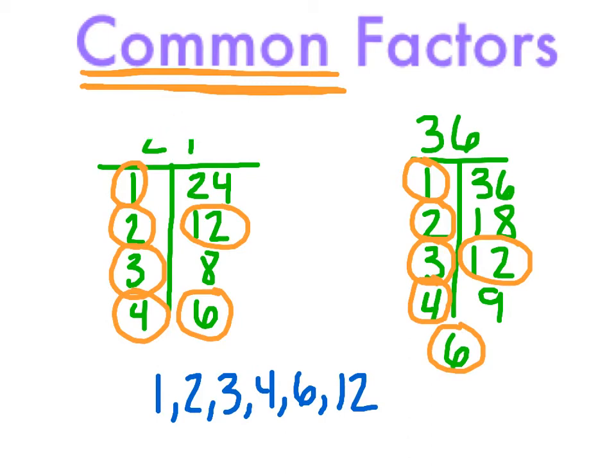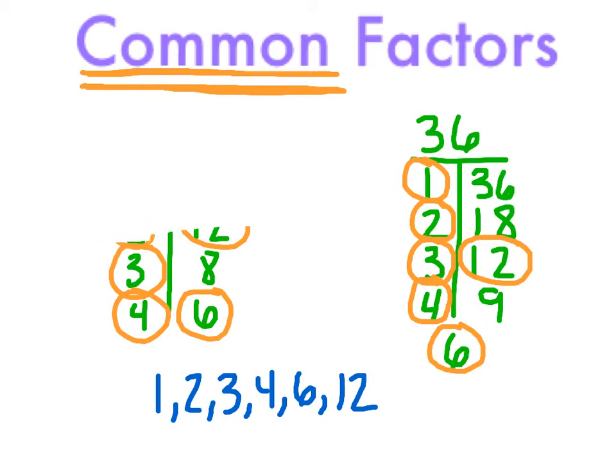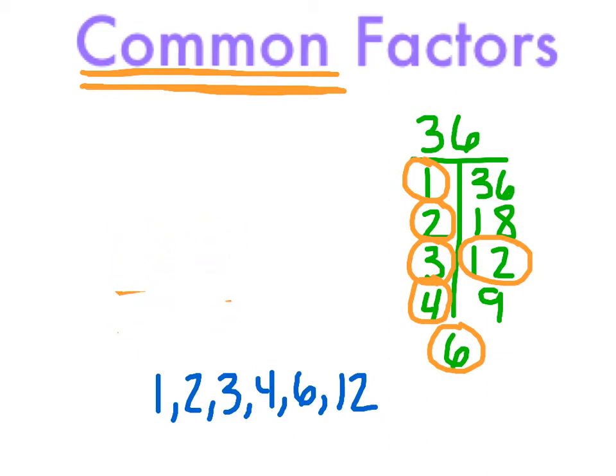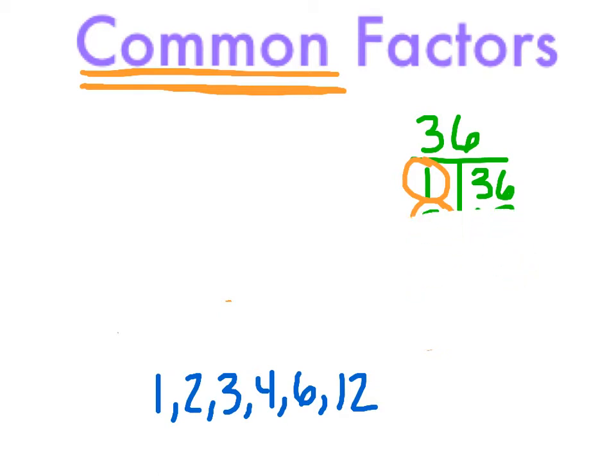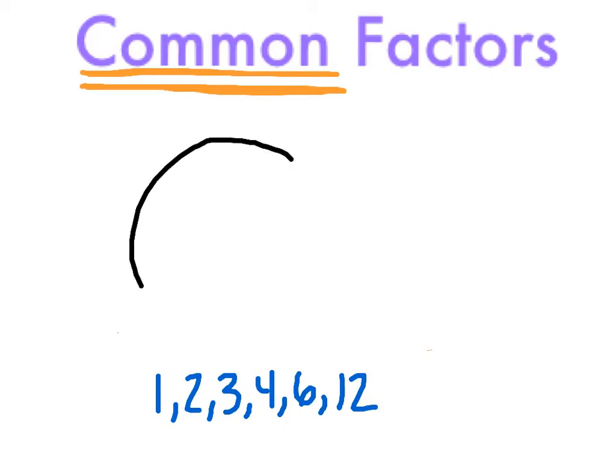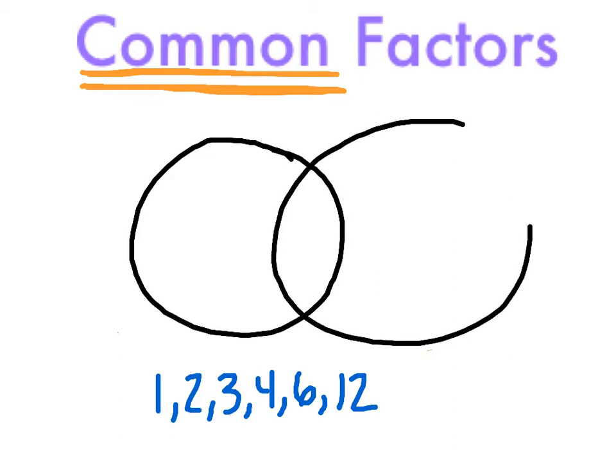You could also take these common numbers, or common factors, and put them into a diagram. And a diagram that I really enjoy using is a Venn diagram in this situation. So for those of you not familiar with a Venn diagram, I'm going to draw 2 circles.